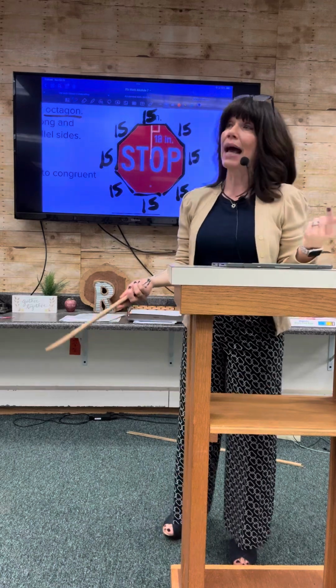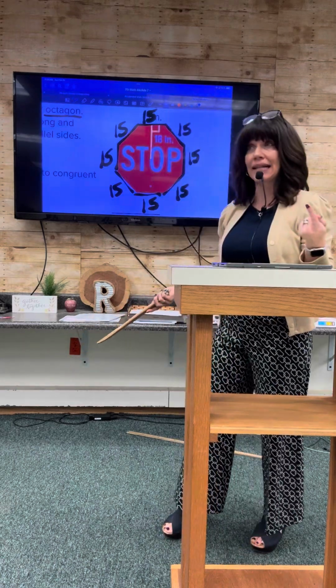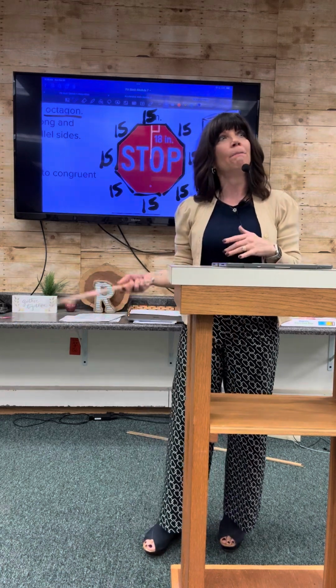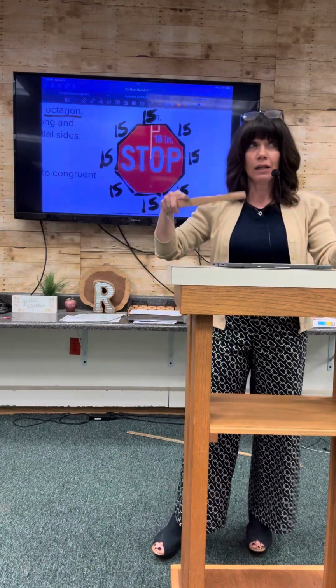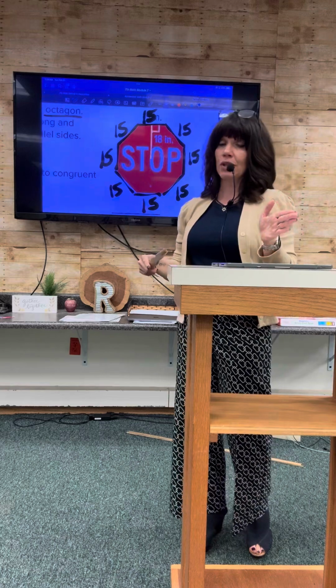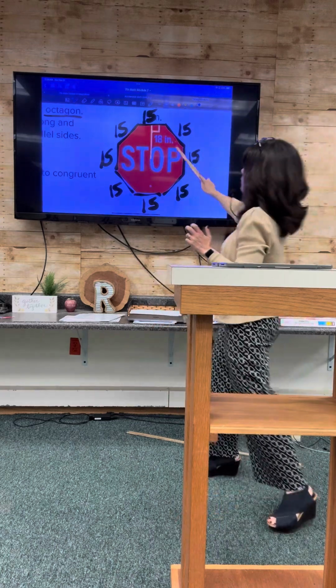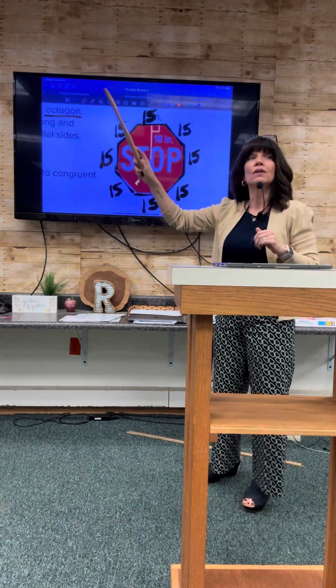How many times would I add 15 up? I would add it up 8 times because there are 8 sides, yes? Okay, now, what operation do we have that is known to make multiple additions much easier? When you're doing repeated addition, you should switch over to using multiplication. In which case, I would do 15 times 8.